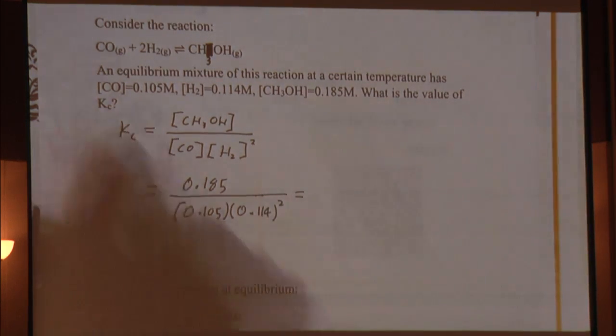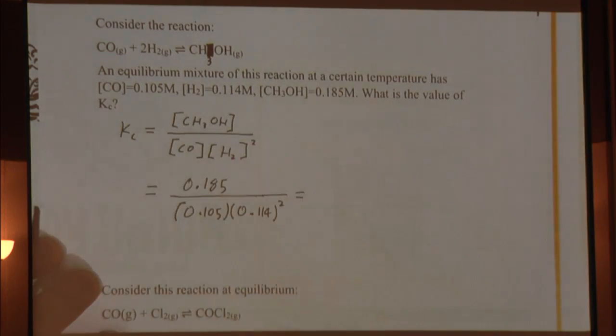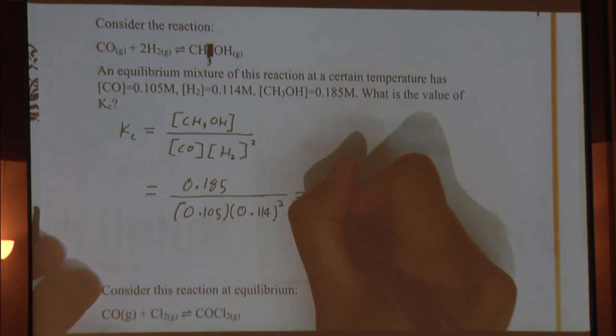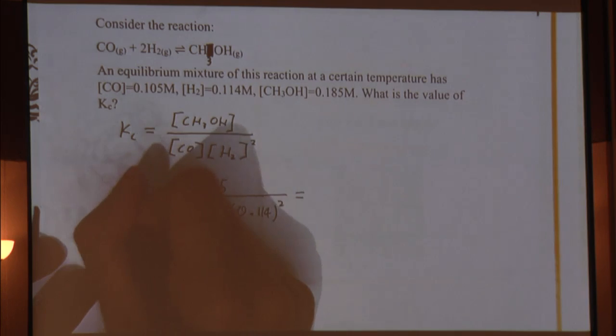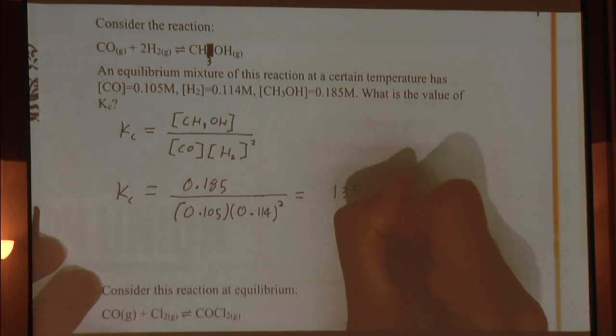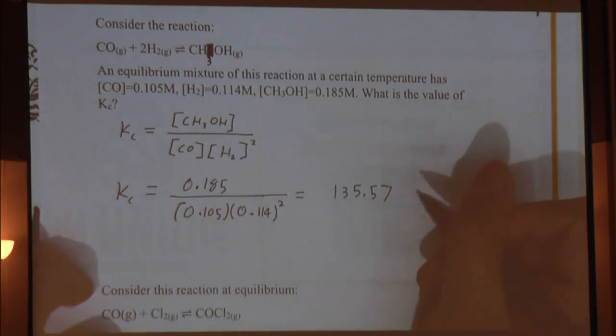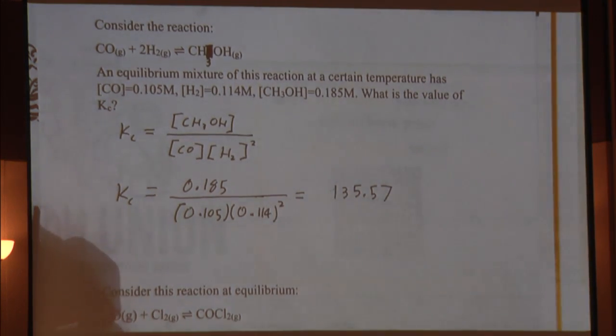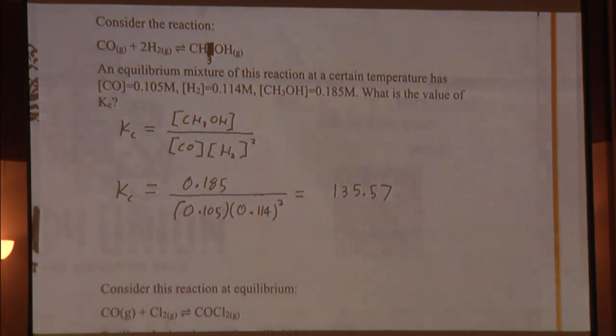So our concentrations came from what we were given up here. And so we get a value of K of 135.57.